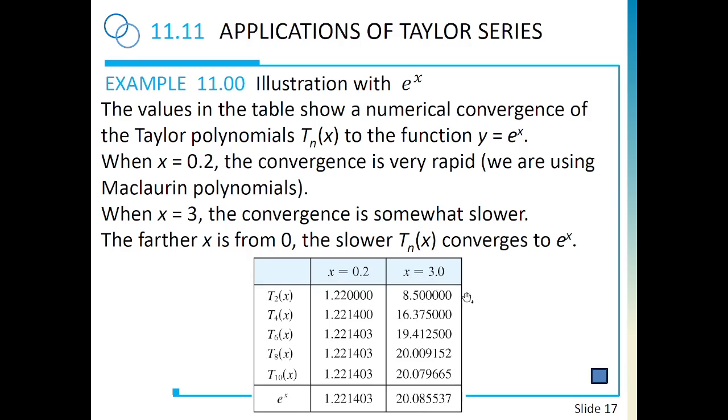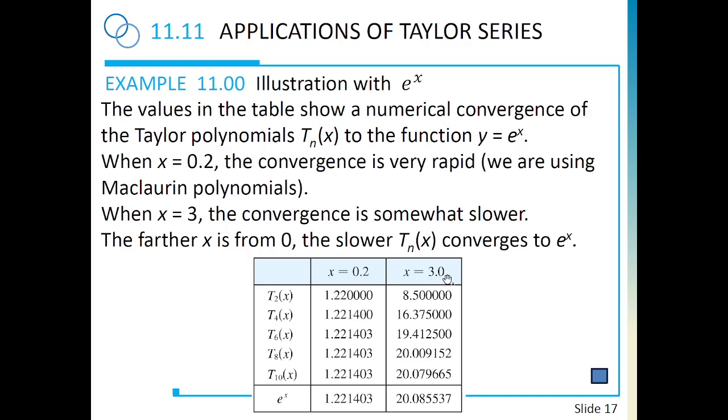If we use the Taylor polynomial of degree 2 that we obtained by centering the series at 0, you see the approximation is 8.5, which is extremely far away from 20. So it's a horrible approximation, because 3 is very far away from 0. Exponential is increasing very quickly, so we have a huge error.